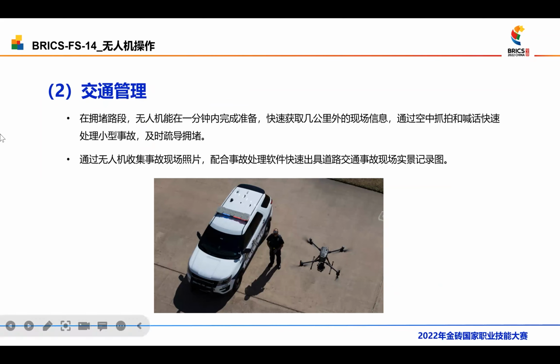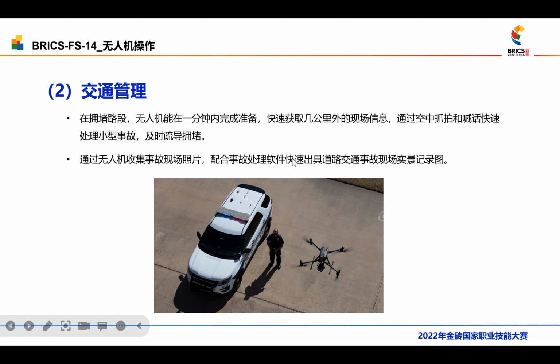The second aspect is the traffic management. In congested roads, drones can make preparations within 1 minute, quickly obtain field information several kilometers away, quickly handle small accidents through air capture and photo rendering, and relieve the congestion in time.